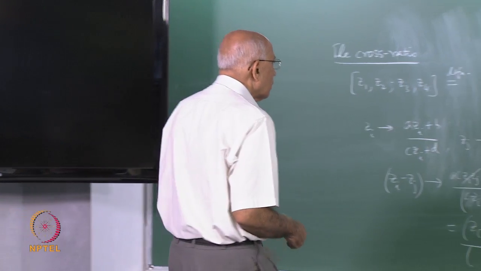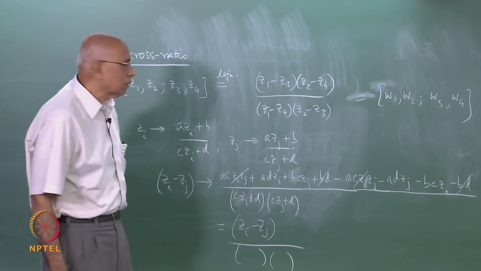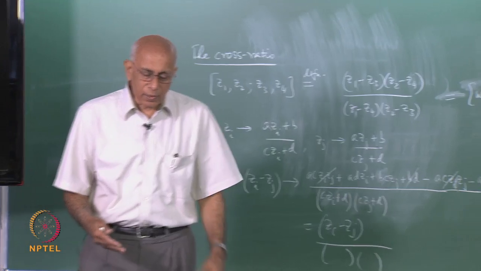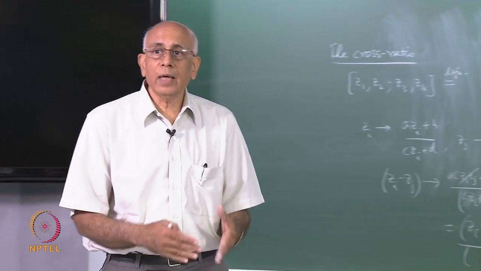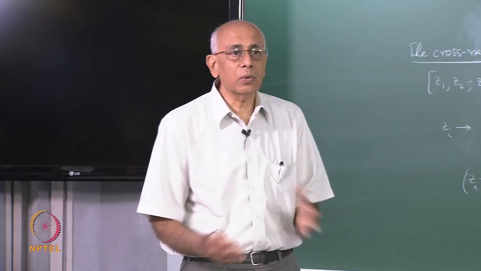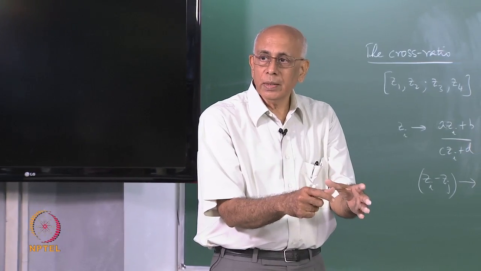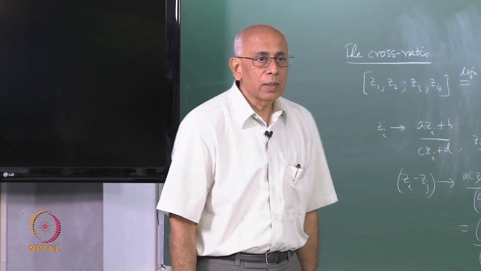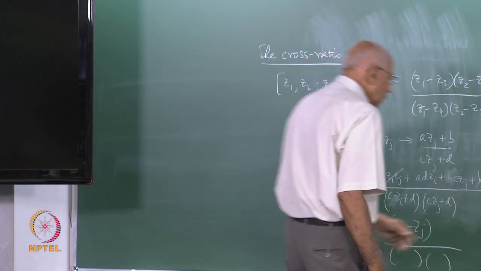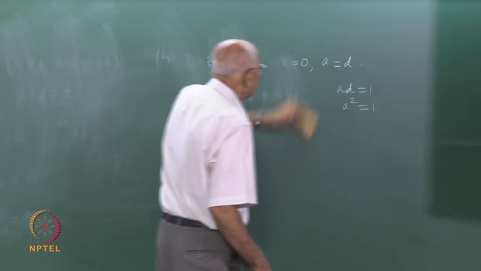Okay. Now the cross ratio itself of 4 points has a lot of interesting properties, a lot of symmetries. First of all, you choose 4 arbitrary points and you are asking for a cross ratio, but you can define a large number of cross ratios. You can define 24 of them, 4 factorial, because you can write this 1, 2, 3, 4 in any order you like, and therefore from a set of 4 points you can have 24 cross ratios, but all of them are related to each other, and there is only one independent cross ratio, because you can see the following symmetries which are easily established.